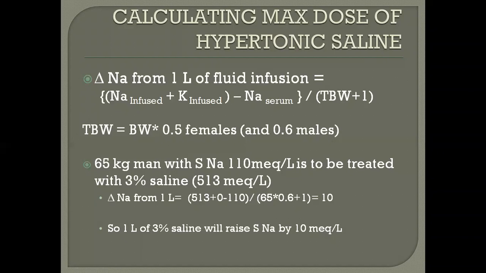So delta sodium from 1 liter of 3% saline in this patient is equal to 513, that is the sodium in the infused fluid, plus 0, that is the potassium in the infused fluid, minus 110, which is the serum sodium of the patient, divided by 65, that is the weight of the patient, multiplied by 0.6, which is the factor for males for total body water, plus 1. And if you calculate, it will come out to be close to 10. So this means 1 liter of 3% saline in this patient will increase the serum sodium by 10 milliequivalent per liter.